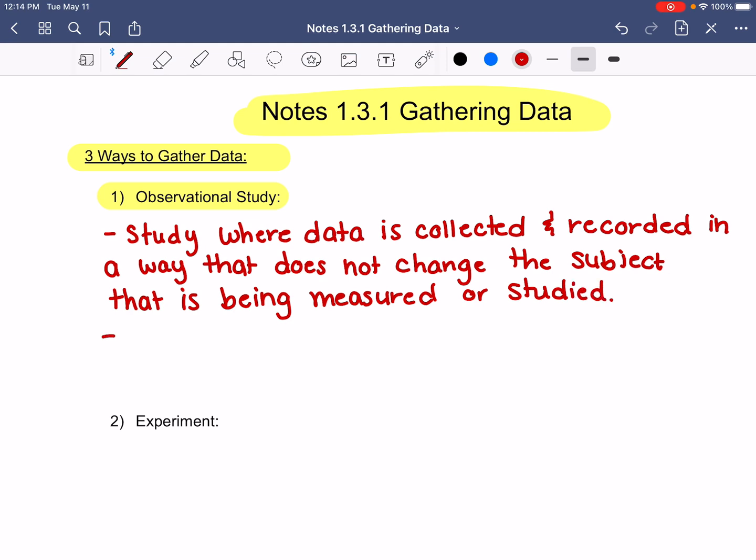This is something where there's no influence being done onto whatever you're studying. So it just gathers data without influence.